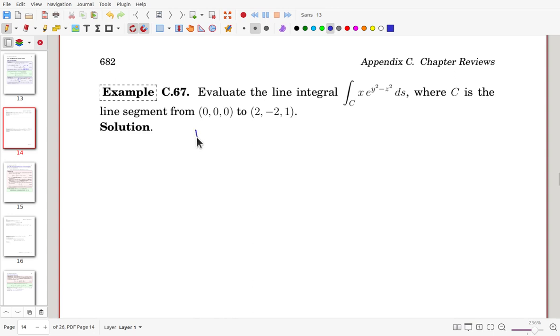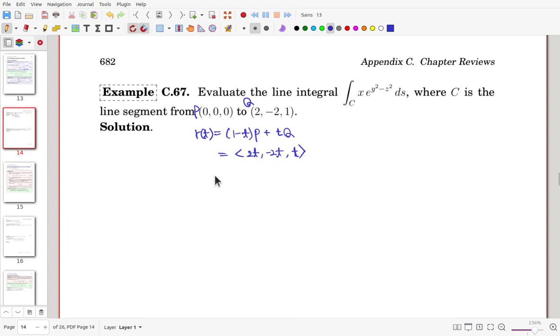So r of t is the same as 1 minus t times P plus t times Q. But P is 0, so we have t times Q, which is 2t, minus 2t and t.